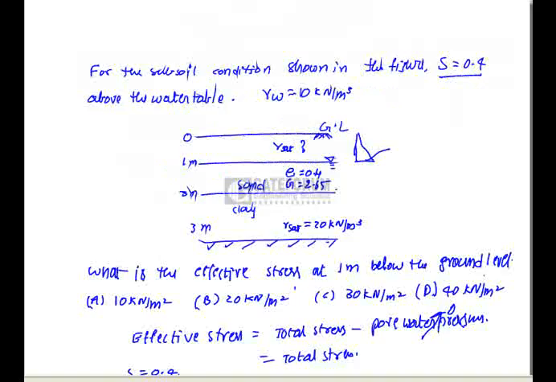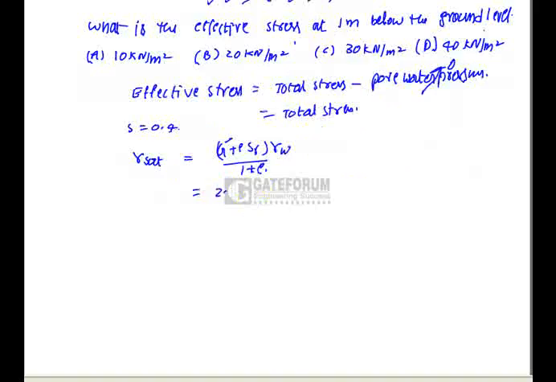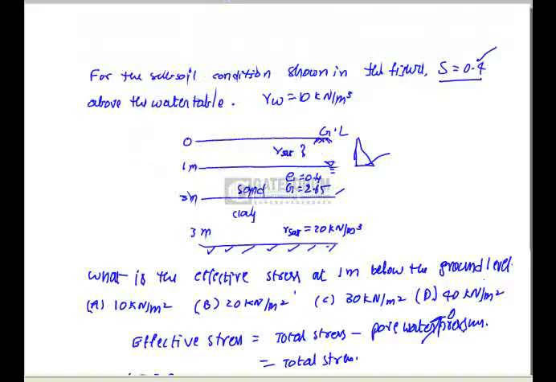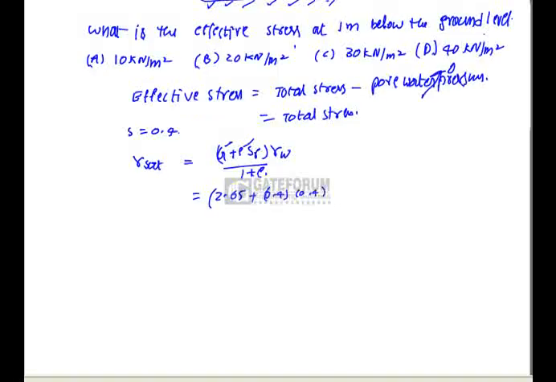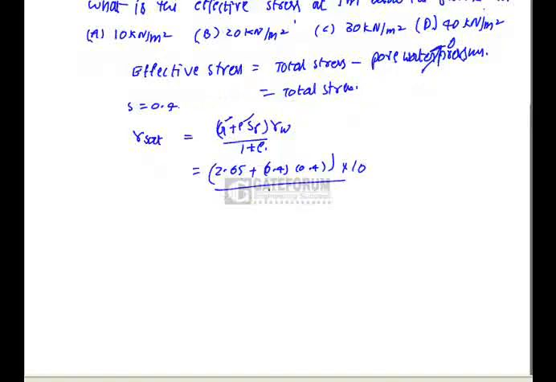We know the specific gravity 2.65 plus e, the void ratio, we know 0.4, and saturation coefficient Sr is given as 0.4 into gamma W, it was given as 10, by 1 plus e, that is 0.4. So gamma saturated is going to be 20 kilonewton per cubic meter.